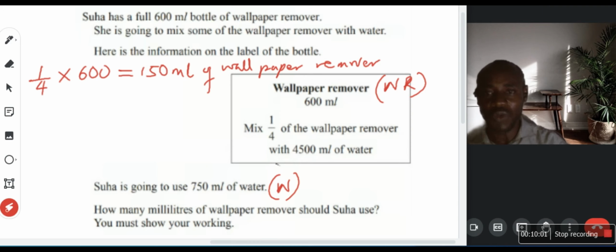So 150 milliliter for how much of water? 4,500 milliliter of water.